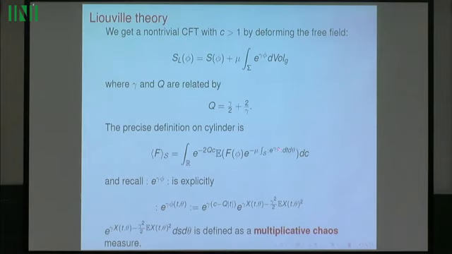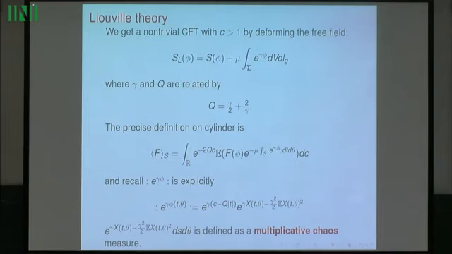Explicitly, again, this is the Gaussian free field. There's the zero mode, and then there's normalization, and this object here means the multiplicative chaos measure, which was discussed by Jason just a moment ago. Okay, so that's the definition of the expectation of Liouville theory.